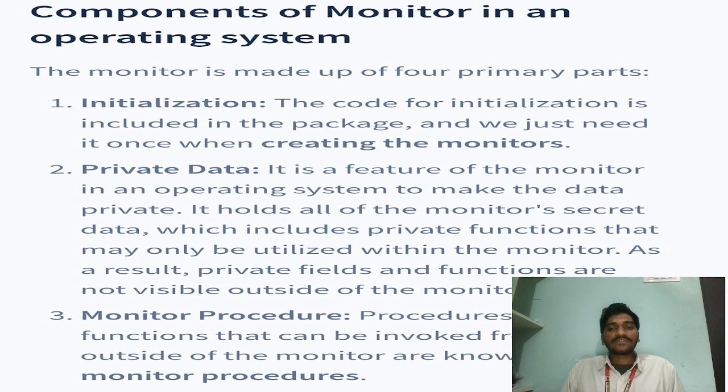It holds all of the monitor's secret data, which includes private functions that may only be utilized within the monitor. As a result, private fields and functions are not visible outside of the monitor. And the next part will be monitor procedures. Functions that can be invoked from outside of the monitor are known as monitor procedures.